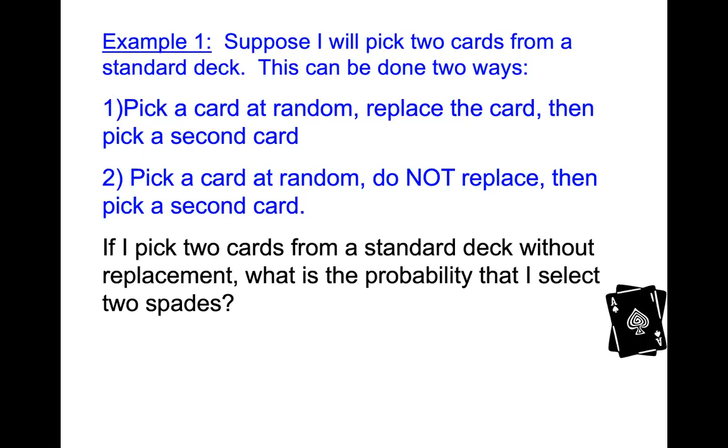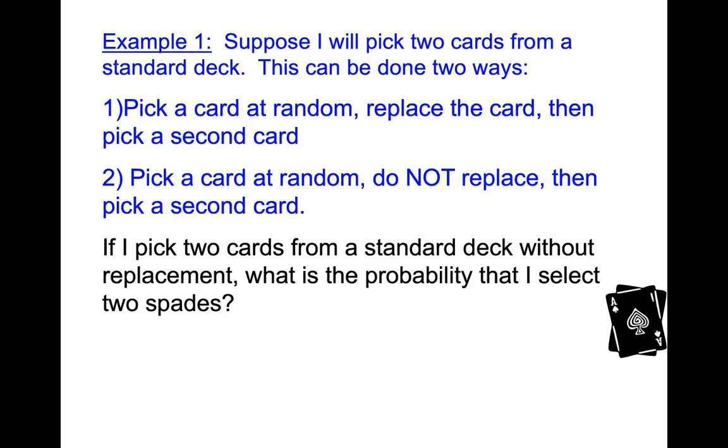Let me give you an example of how this affects how you find probability. Let's say I pick two cards from a standard deck without replacement, and I want to figure out the probability that I select two spades. There are 13 spades in a deck of 52 cards.